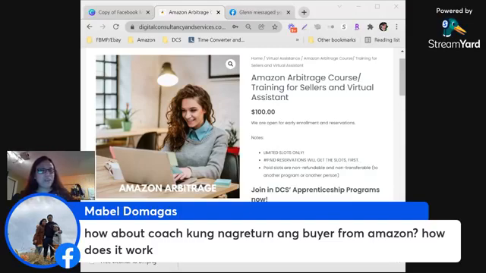You will put my address as your return address. So all the returns of your customers will go back to my address. This is what I'm doing, because I check again if the item is still in good condition. I will resend it to Amazon, because we don't want to lose money here. If the product is still good, I will just reship that to Amazon, so it can be money again.